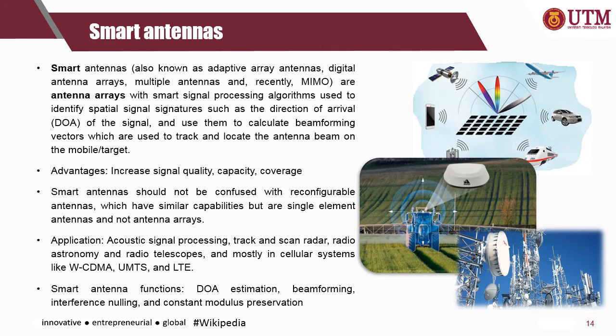Next are smart antennas, also known as adaptive array antennas, digital antennas, multiple antennas, and MIMO. It is in an array configuration with smart signal processing algorithms used to identify spatial signal signatures, such as the direction of arrival, and use them to calculate beamforming vectors for tracking and locating the antenna beam on the mobile or targeted areas.